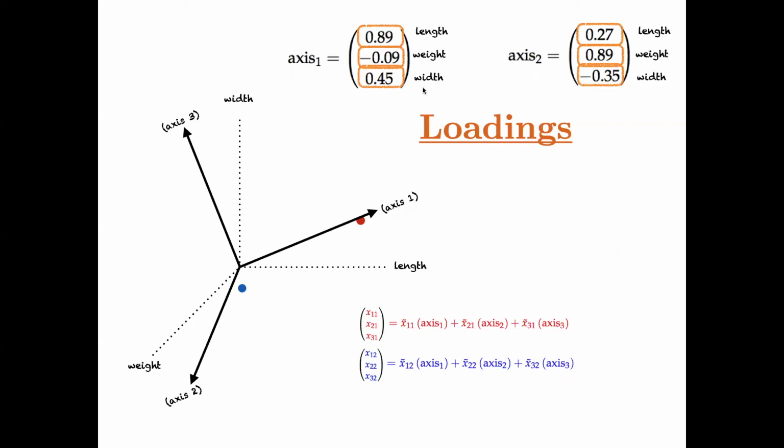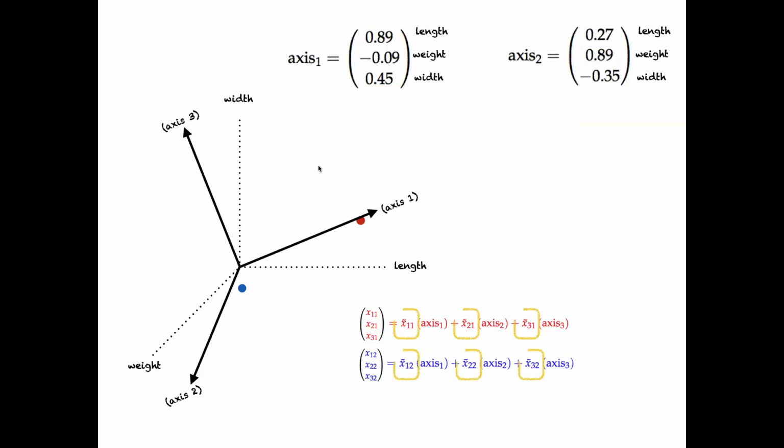They tell you how each of your original variables relates to your new factor. The coordinates in our new basis are typically called scores. Sometimes some packages will just refer to them as coordinates, but more often you'll see them in the literature called scores.